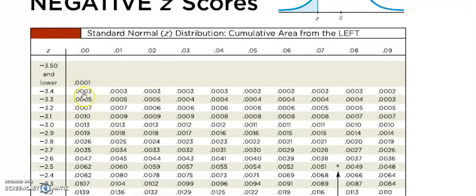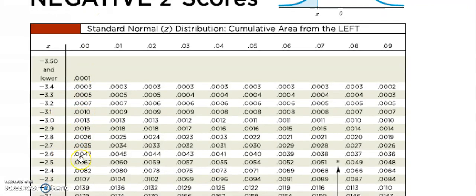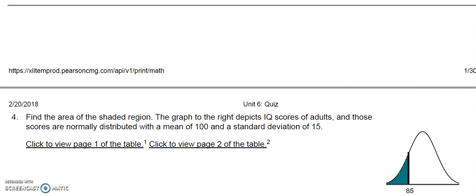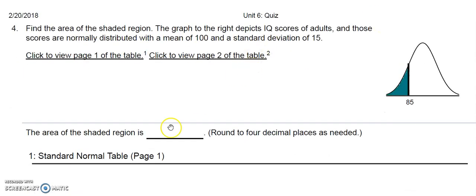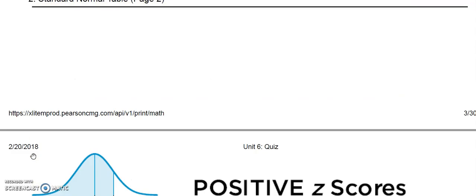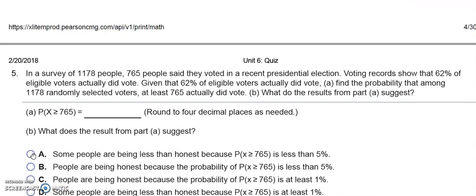So this is the first column after this line that we look at once we find negative 1 here, which is 0.1518. So 0.1518 is the area of this shaded region. Okay, so now we can go to the next question.